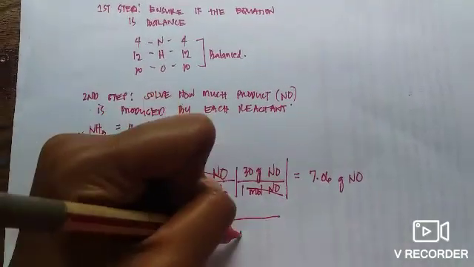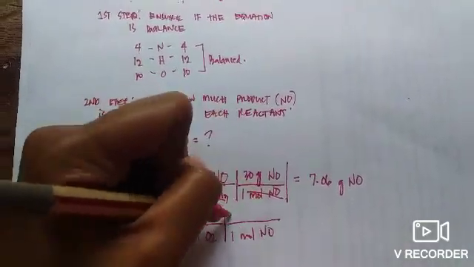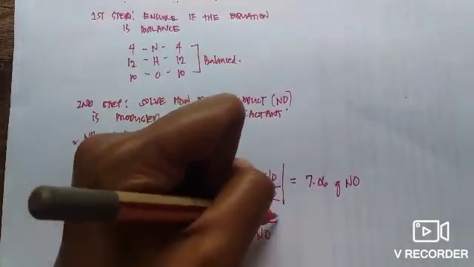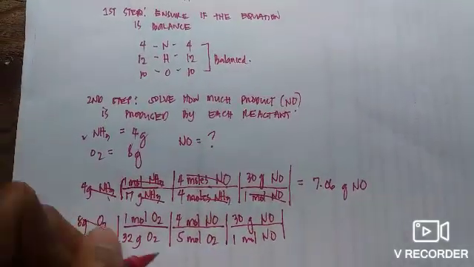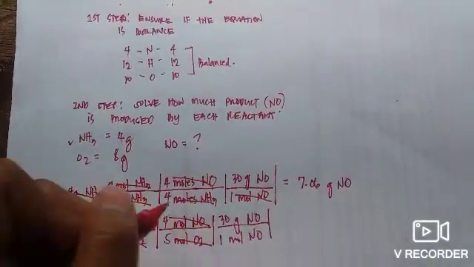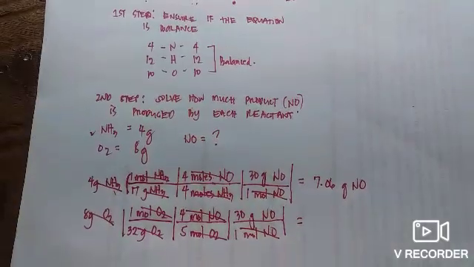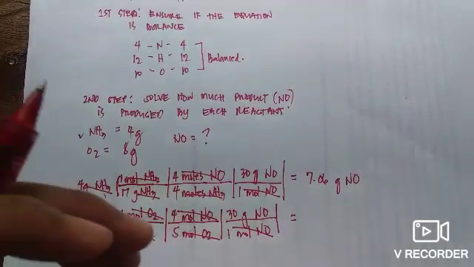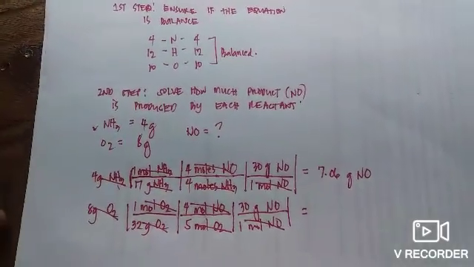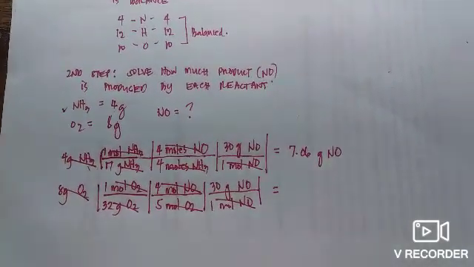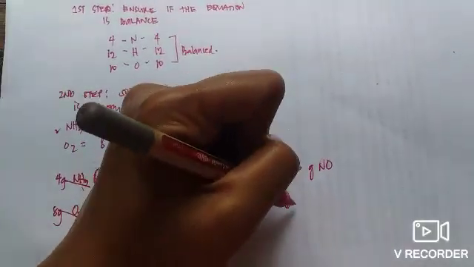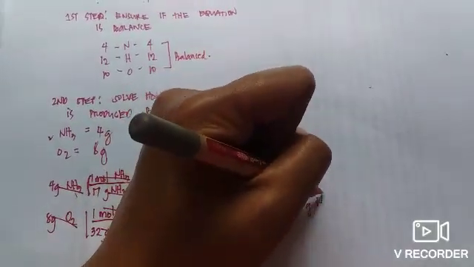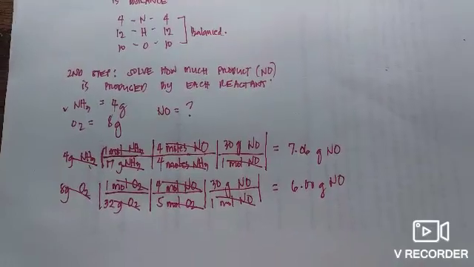So convert, 1 mole of nitrogen monoxide is equal to 30 grams of nitrogen monoxide. Cancel the units. Then solve. 8 times 1 times 4 times 30, and the product will be divided by the product of 32 times 5. We'll obtain the answer of 6.00 grams of nitrogen monoxide.